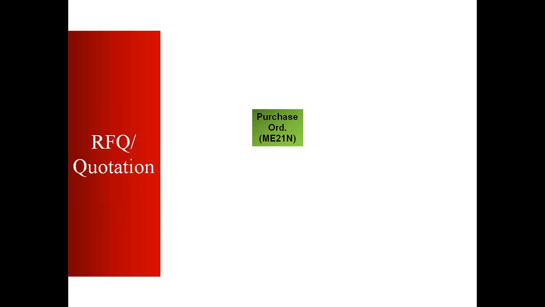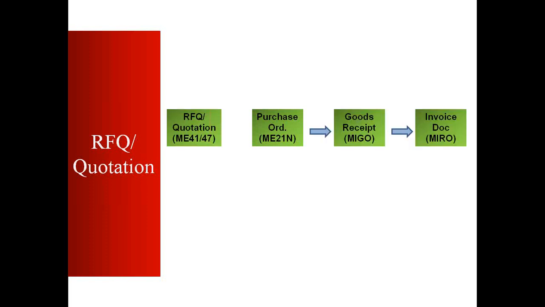So we have seen three things before, but this time we'll be adding another step in front of the purchase order: request for quotation and quotation. So we'll start the process not with the purchase order but with the request for quotation and quotation. Then we'll move on to purchase order, goods receipt, and invoicing document. So let us start with our first part, request for quotation.